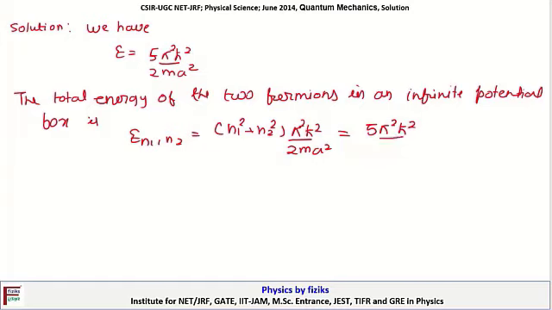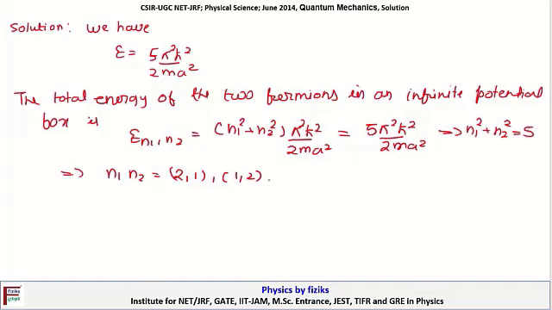h square by 2 m a square, implies n1 square plus n2 square is equal to 5, and this further implies n1 and n2 can take values 2, 1 and 1, 2.